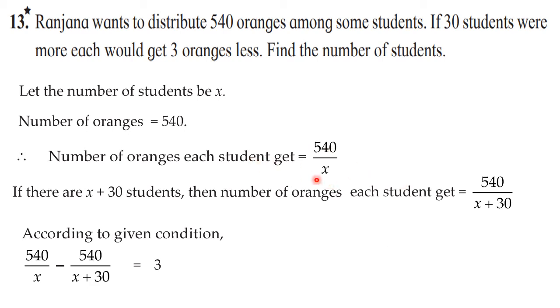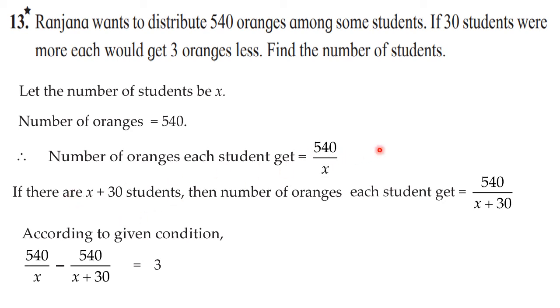So we can write down the number of oranges with each student in both the cases, and then simply their subtraction is 3. Or the second way is that when the number of students is increasing, the number of oranges is minus 3, so you write minus 3 there, and the product of these two will be 540.